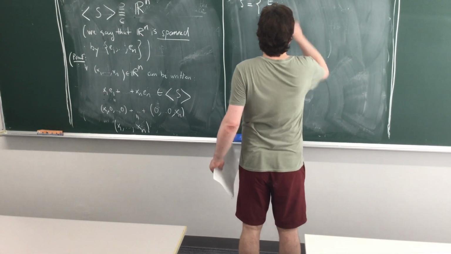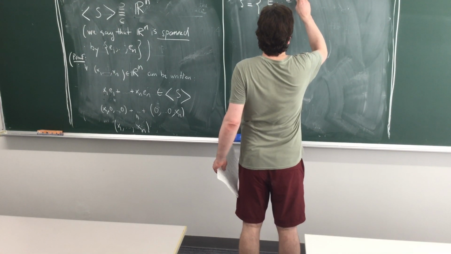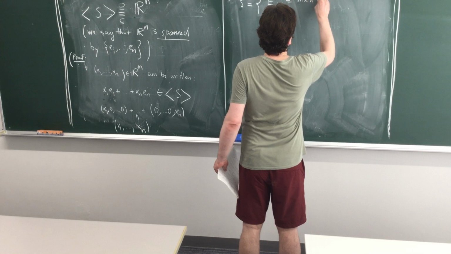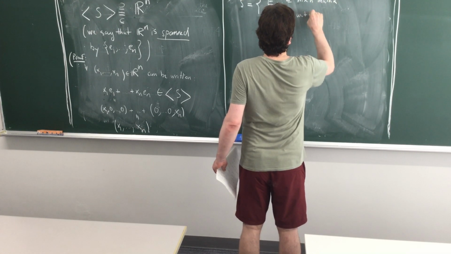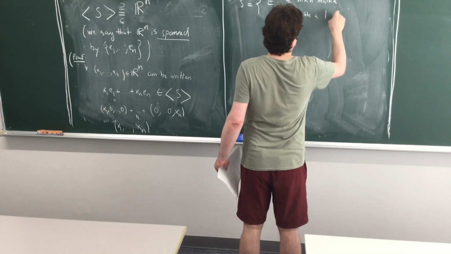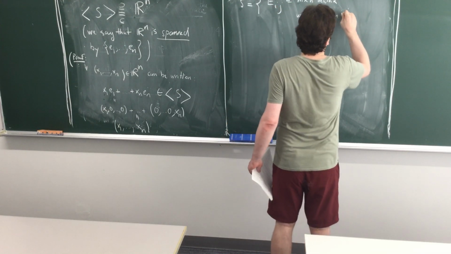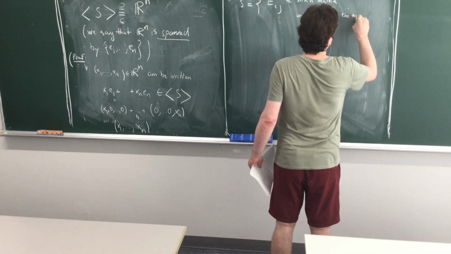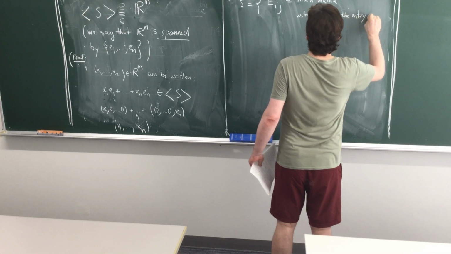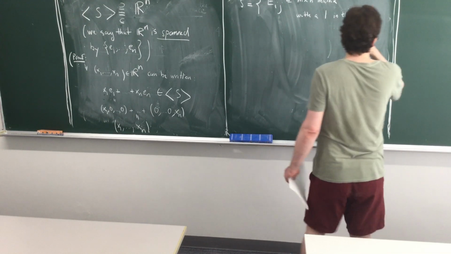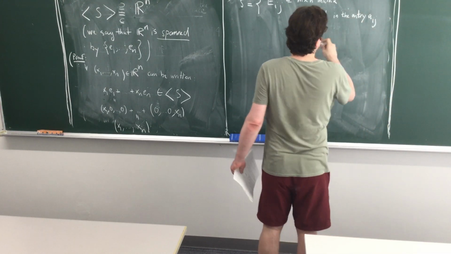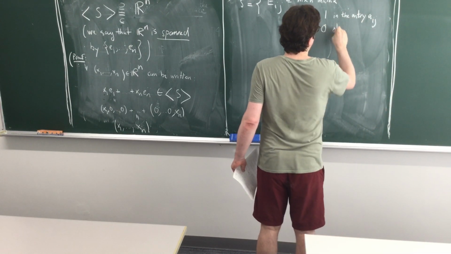What will be Eij? Eij is the m times n matrix with a 1 in the entry (i, j) and 0 otherwise.